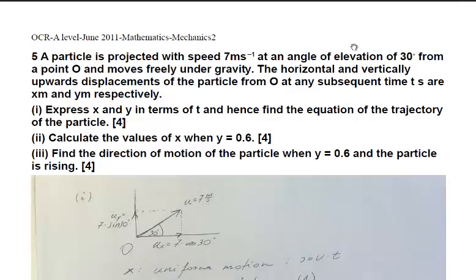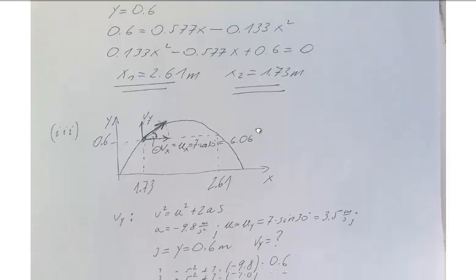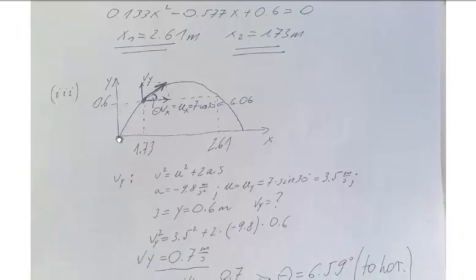Find the direction of motion of the particle when y is equal to 0.6 and the particle is rising. Here is the trajectory. We know that y is equal to 0.6 and x2 is equal to 1.73.